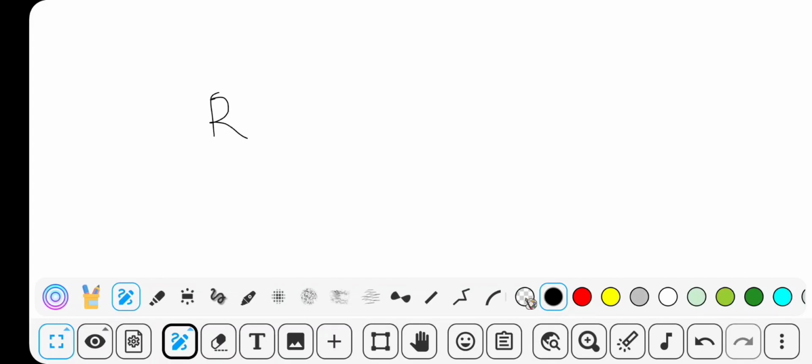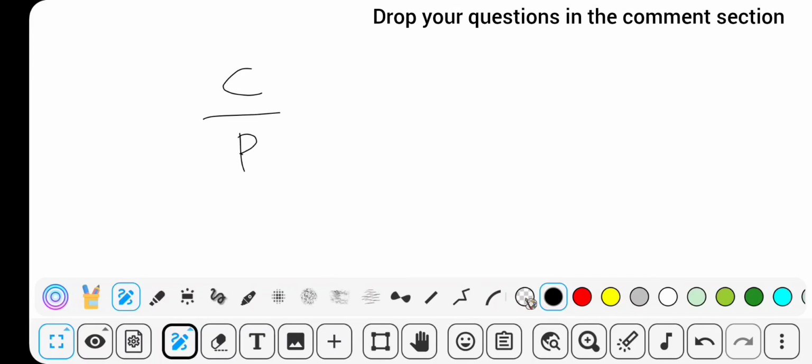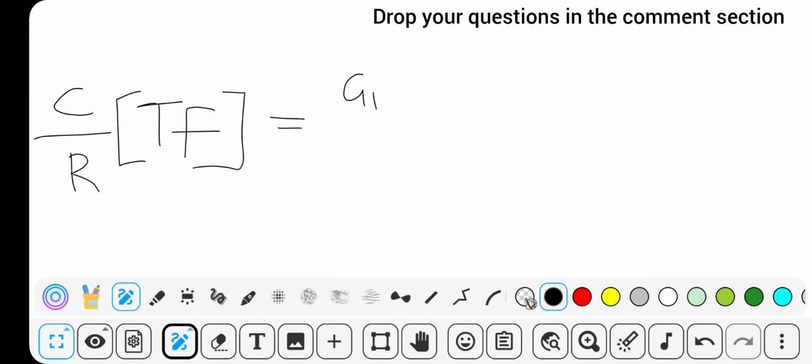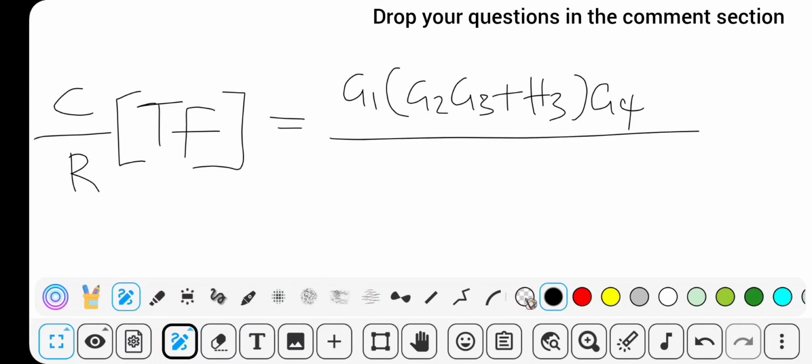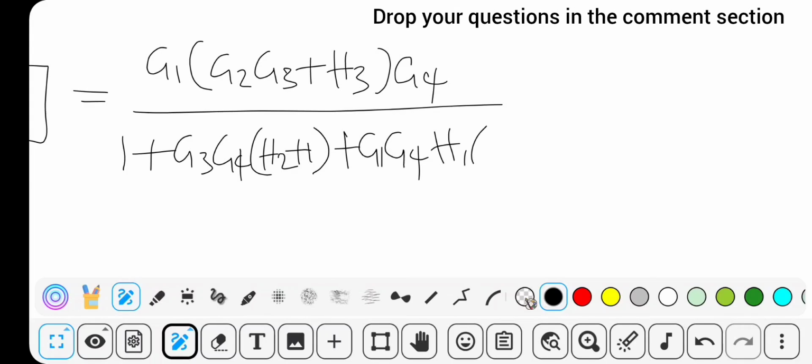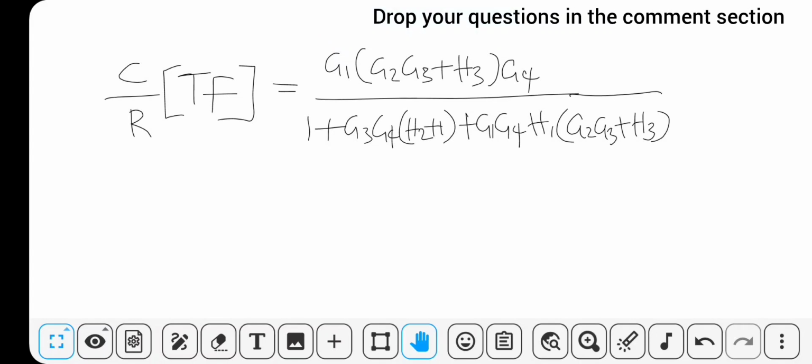So transfer function C over R, output over input, is equal to G1 G2 G3 plus H3 G4 divided by 1 plus G3 G4 times H2 plus H1 plus G1 G4 H1 times G2 G3 plus H3. This is the solution to this question.